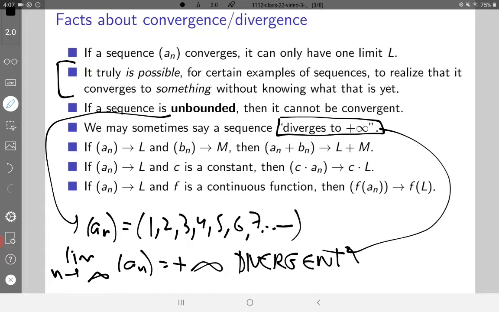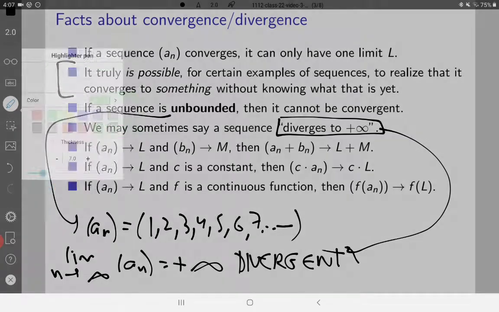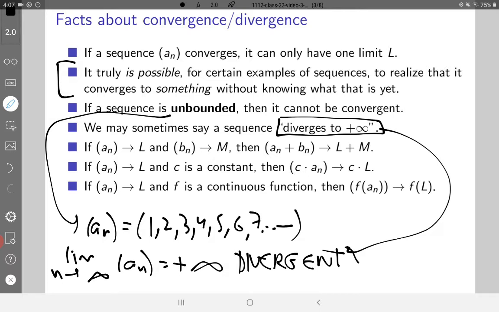And then here are three so-called limit laws, you could say. If I have two sequences that converge to different limits, then when I add their terms together, those terms approach the sum of their limits. That should make sense. If I have a sequence that converges to a limit, and I multiply all of the terms by a specific constant, then the new limit is the old limit times that constant.